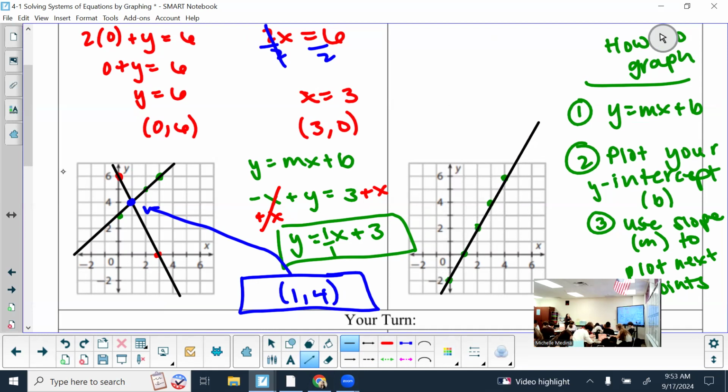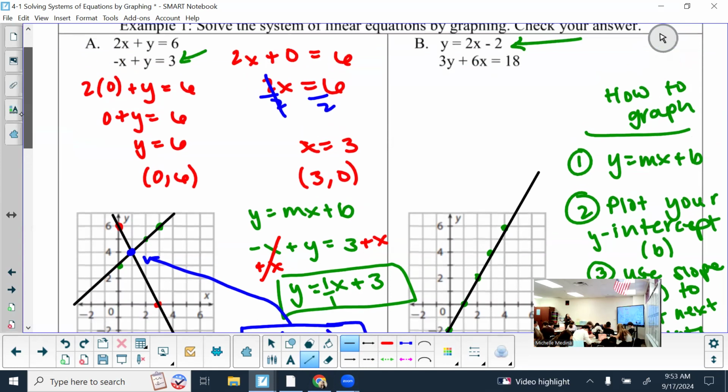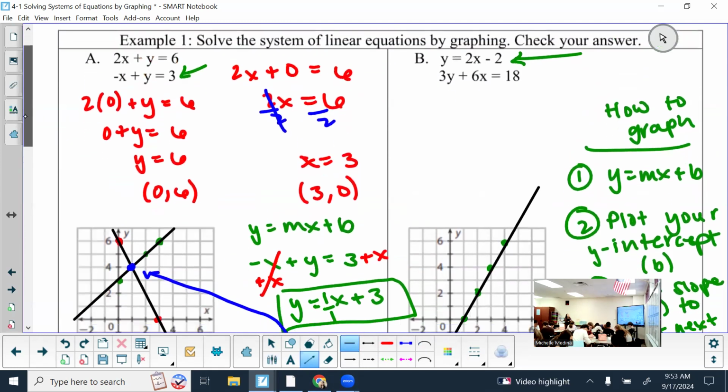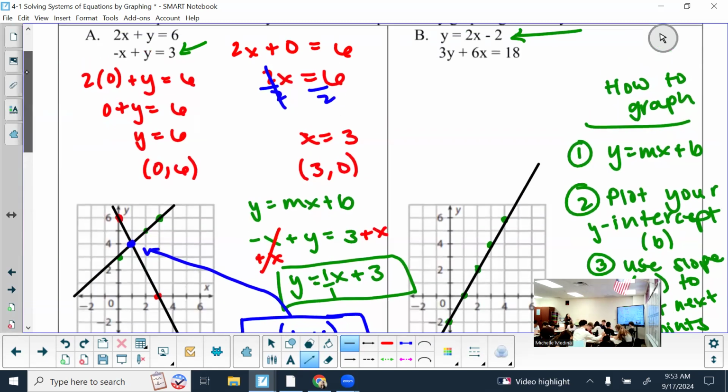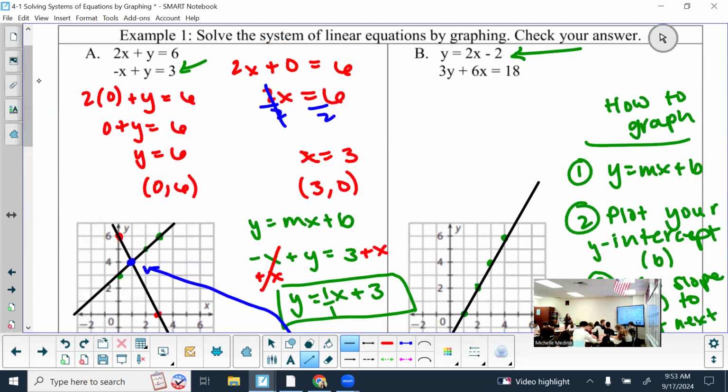Then now we need to put the other one into slope-intercept form because it's not. Table 4, can you tell me how I put something in slope-intercept form? How will I know that it's in slope-intercept form?